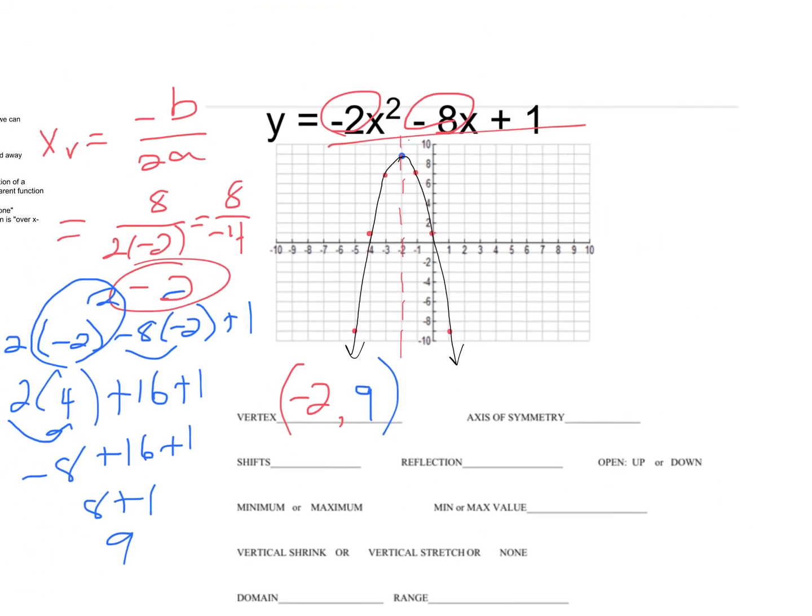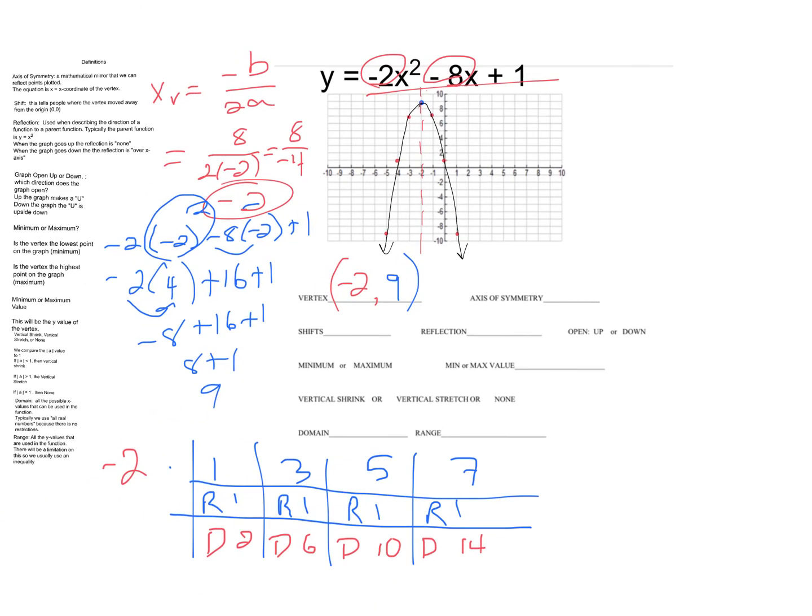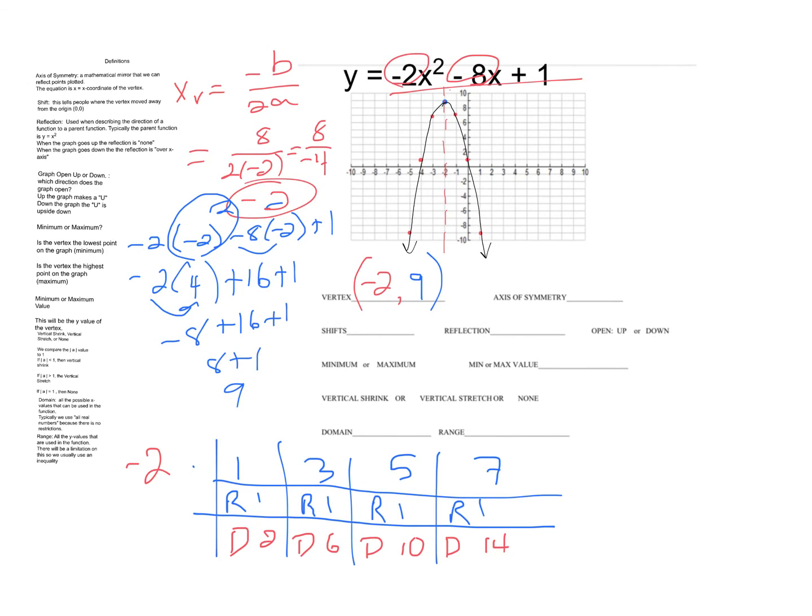So now, let's fill out the rest of the stuff so we can figure out what we're doing. Okay, axis of symmetry, so that's the x coordinate of the vertex. So x equals negative 2. Shift, we went left 2, up 9. Reflection is over the x-axis.